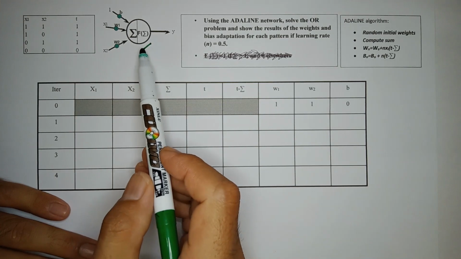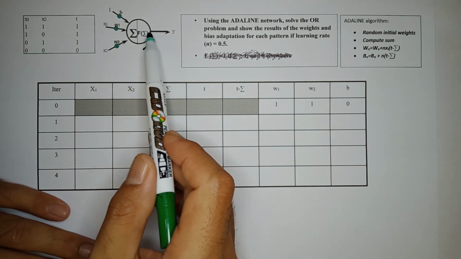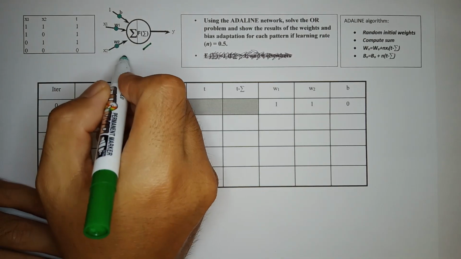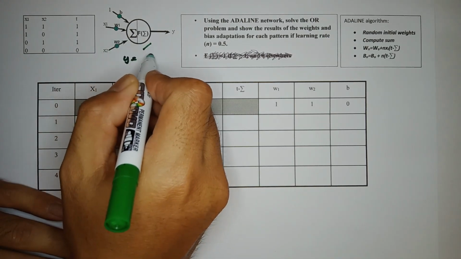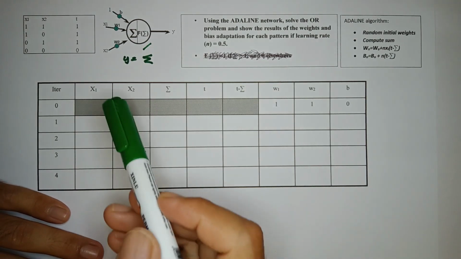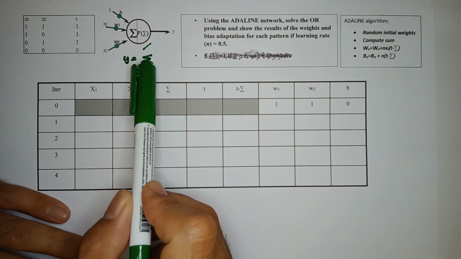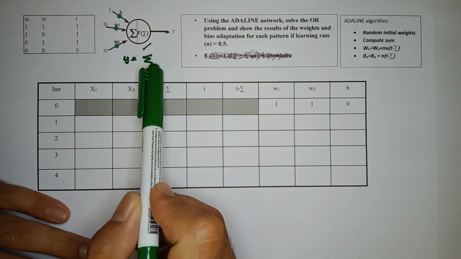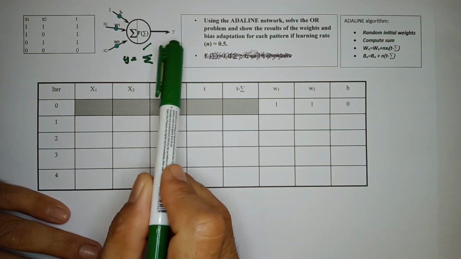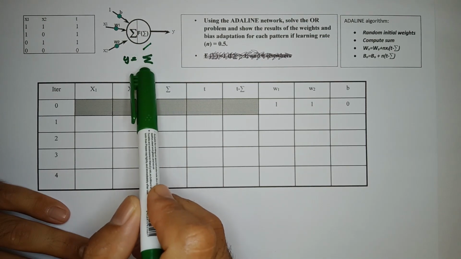For the linear function, the output y will be equal to the summation of the input. This is quite different from the Hebbian, where y is straightaway equal to t instead of the input. Whereas for the perceptron, y is the output after you perform the thresholding process.